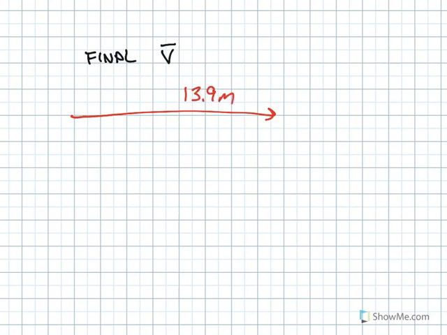So for the final part of the problem, the final v average. Let's see, so you went 13.9 meters this way. Then you went 3 meters in the opposite direction. Then you went 18.1 meters, again in the original direction.